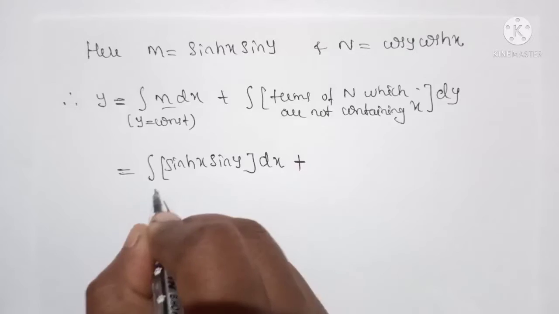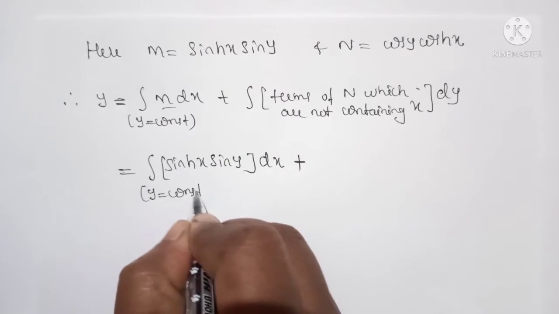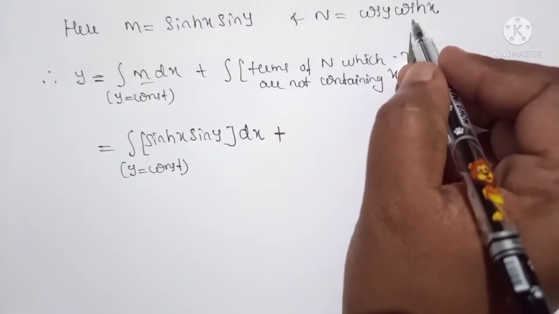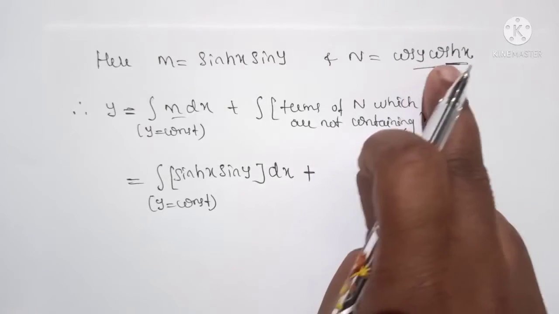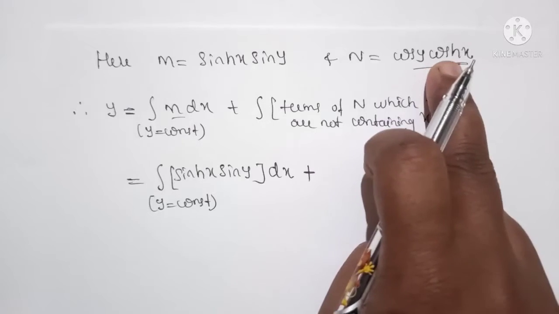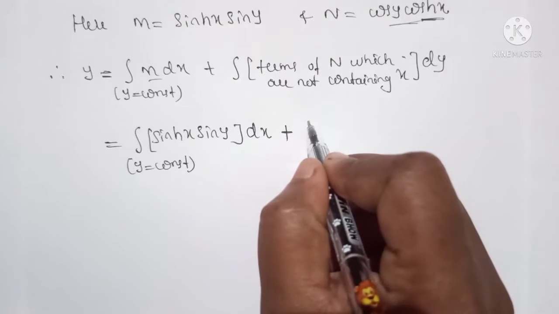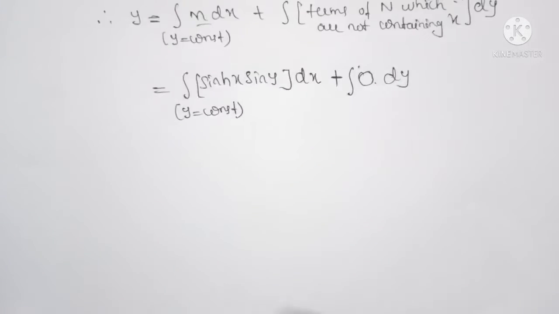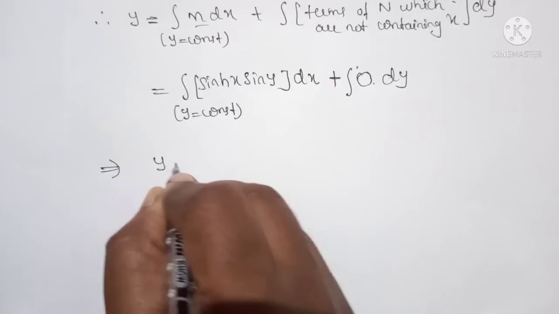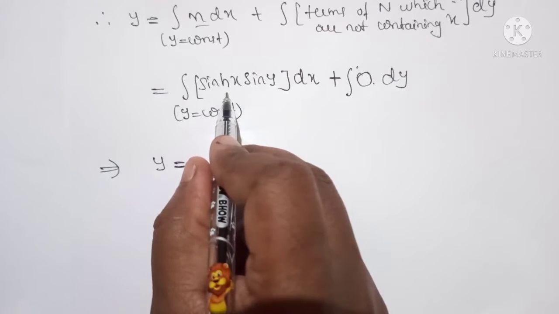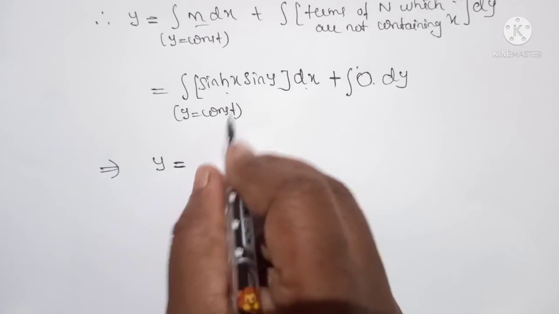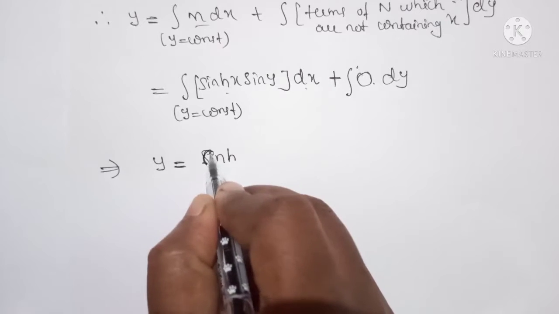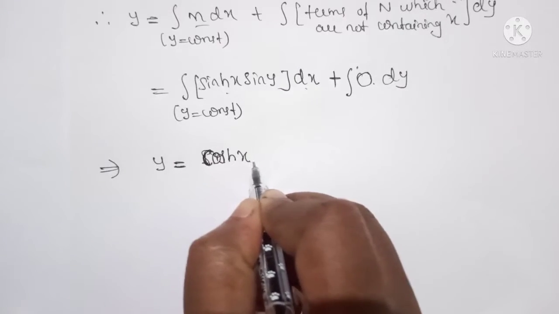Plus, so here we have to treat y constant. Now terms of n which do not contain x: you can observe that it has only one term, which contains x, namely cosh x, so we consider this as 0, or you can take the integration of 0 dy. Therefore integrating with respect to x, treating y constant, we get sin y into the integral of sinh x, which is cosh x sin y.